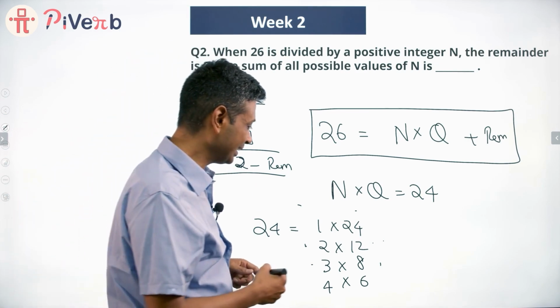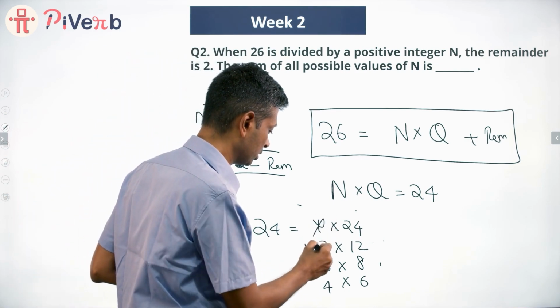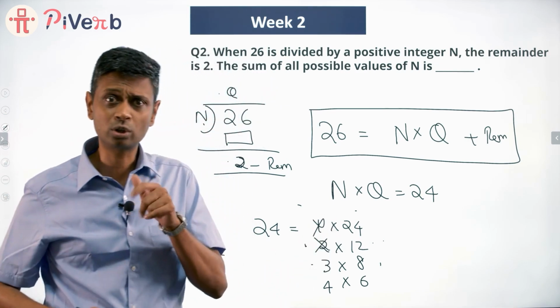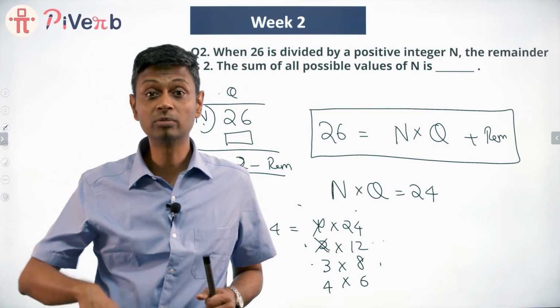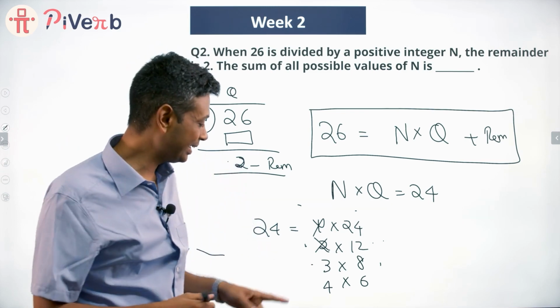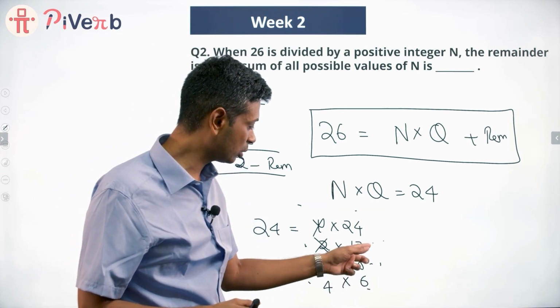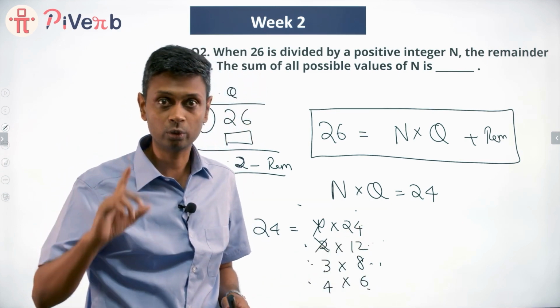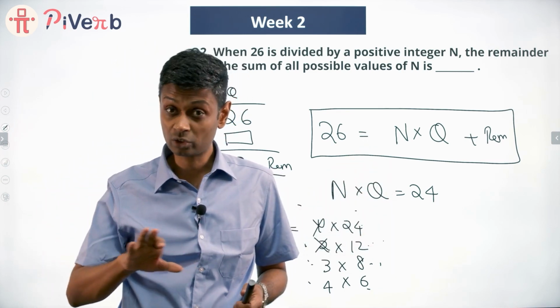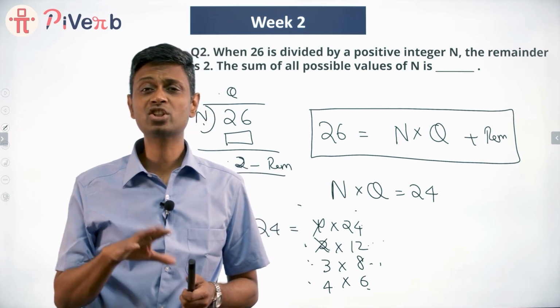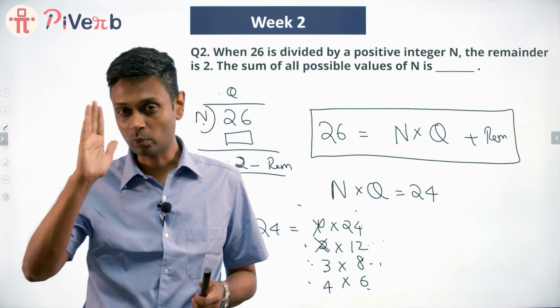So n can be any of these, but it cannot be this, it cannot be this. It cannot be 1 or 2. You divide by n and you get a remainder of 2. That means n is more than 2. That means n can take 3, 4, 6, 8, 12, 24, but not 1 and 2. First step is to identify that n is a factor of 24. Then think about factors of 24 and then say, in this list of factors of 24, I'm not going to count 1 and 2.